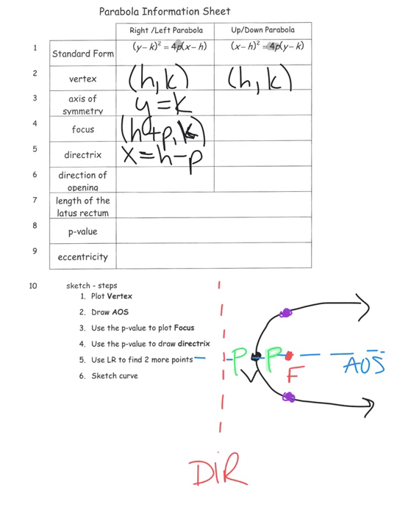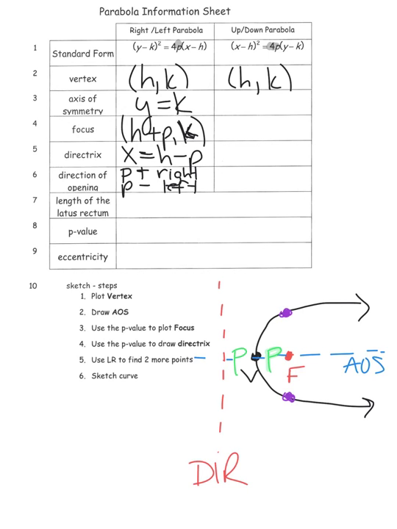The p also tells you how it opens, because if p is positive, in this case our parabola is going to open right. If p is negative, it would be opening left.